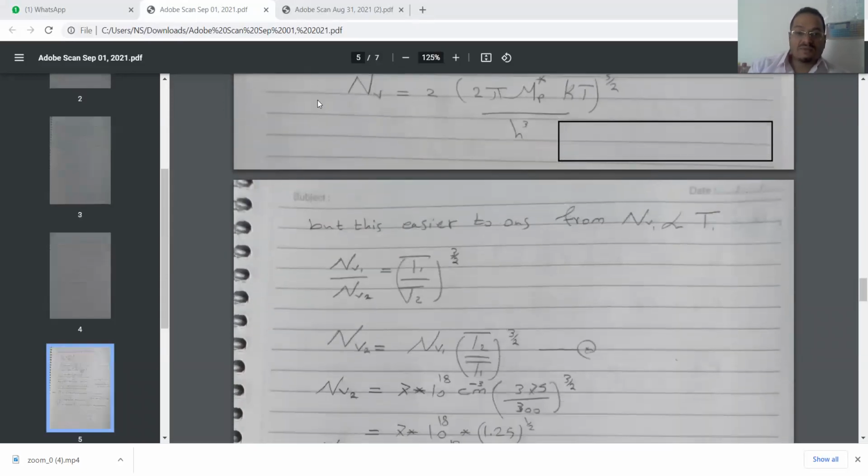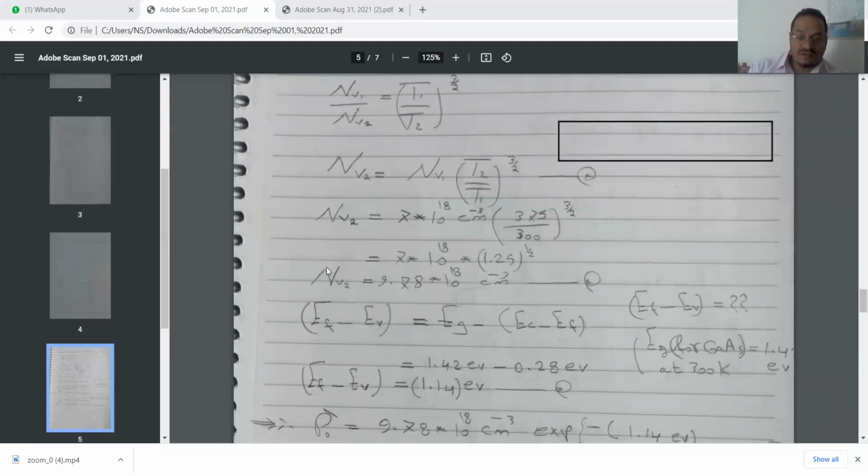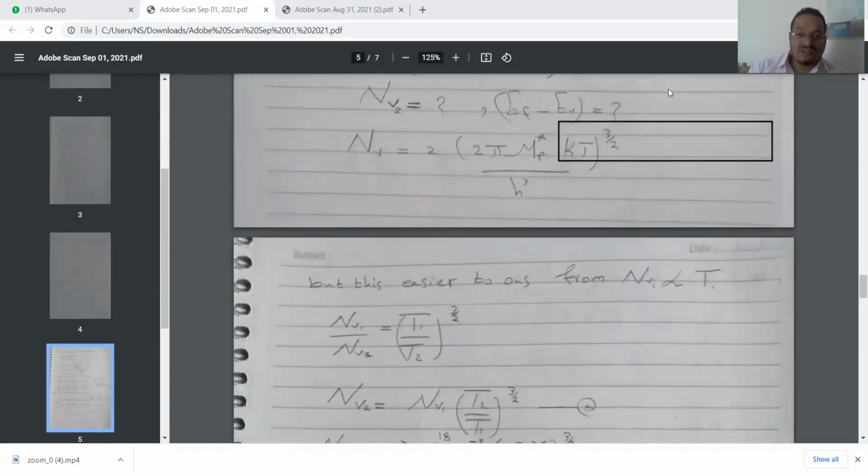By using the same relation, the same equation, NV2 equals 9.78 exponential 18.